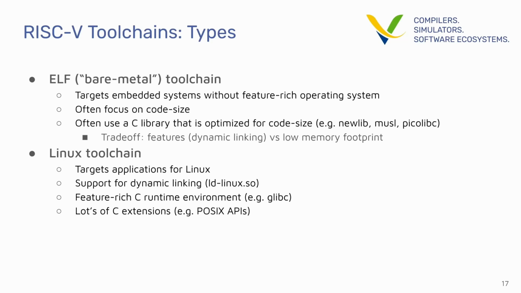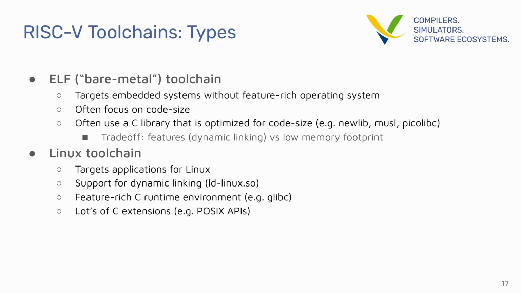They often focus on code size and use a C library that is also optimized for code size, just like Multilib or picolib-C. They're trading features for lower memory footprint. That means that features like dynamic linking is often not available.